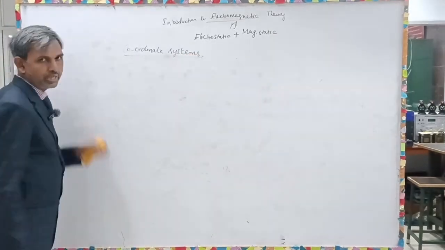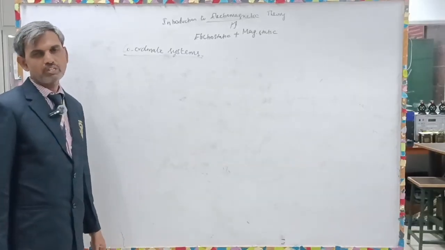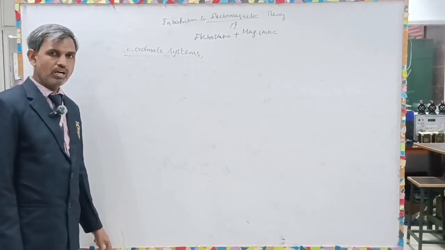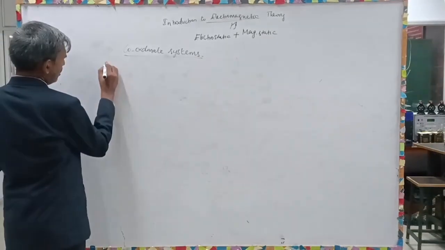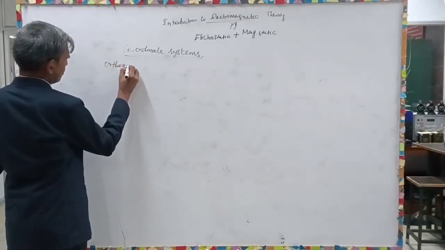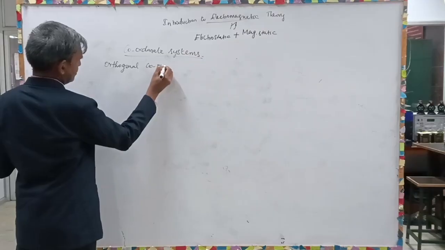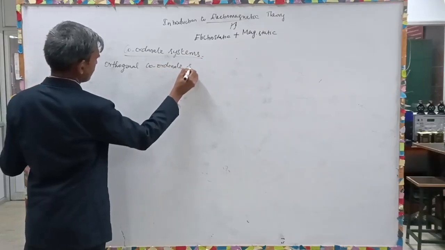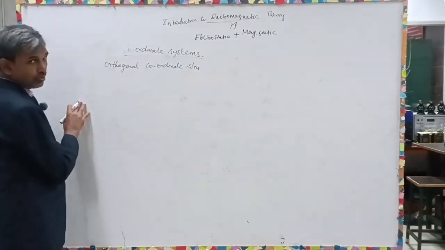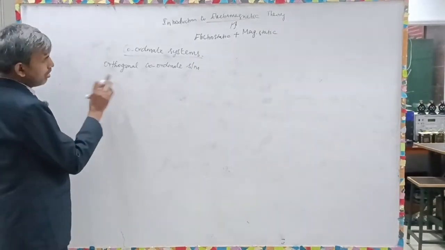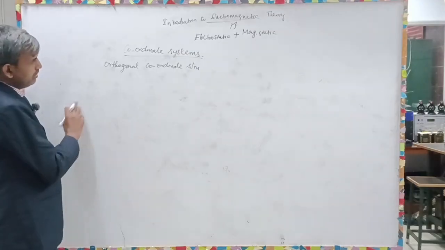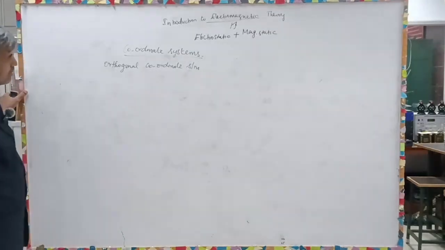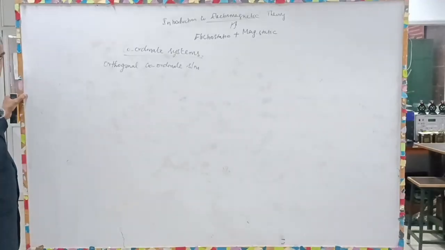We have two types of coordinate systems. One is orthogonal coordinate system and another one is non-orthogonal coordinate system. We are going to discuss the orthogonal coordinate system. What is meant by orthogonal coordinate system? All the coordinates are perpendicular to each other. That type of coordinate system comes under the orthogonal coordinate system.